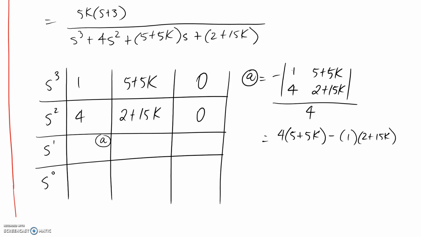Okay, so it would be the negative of this times this minus this times this. I've already put in the negative in this line here and expanded it out, and it all gets divided by 4. Right, I don't think I left enough space in here to try and transfer this over, but you can just remember that this goes in here, and we're going to need to develop what the requirements are on k in order for this cell or this expression here to remain positive, but we'll do that in a moment.